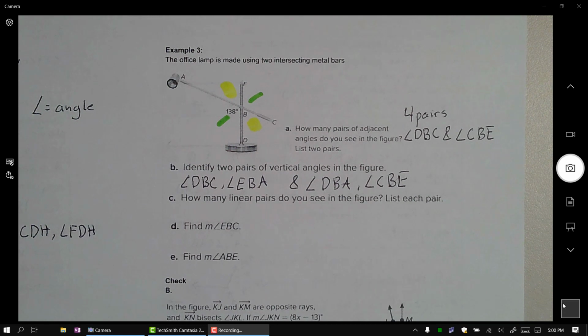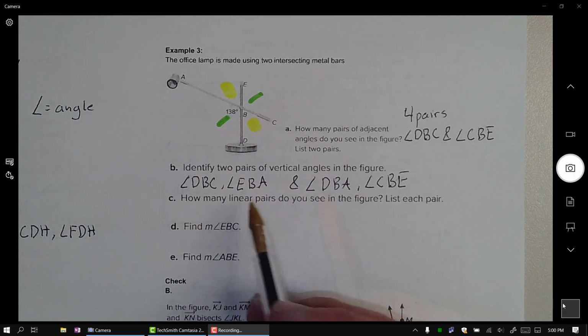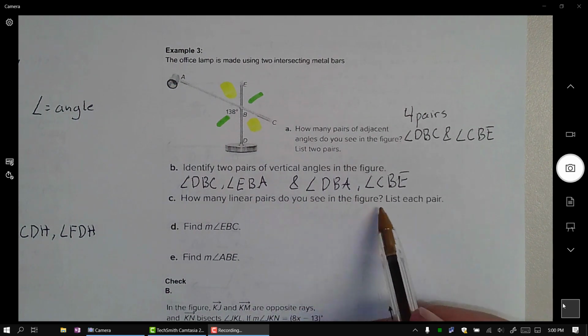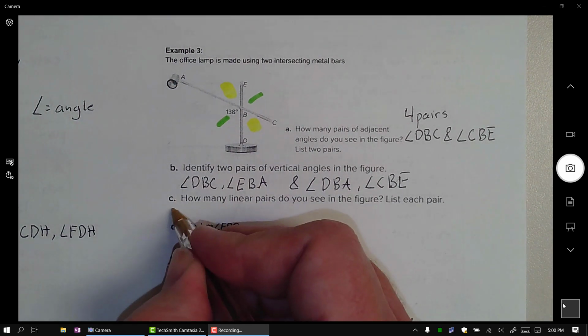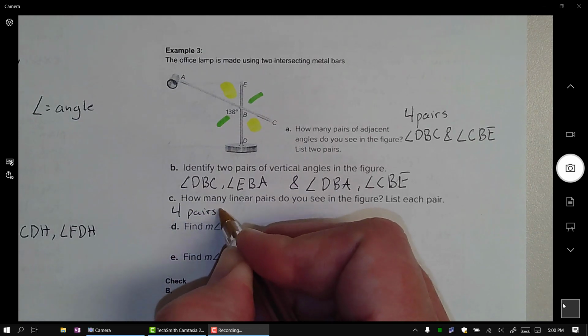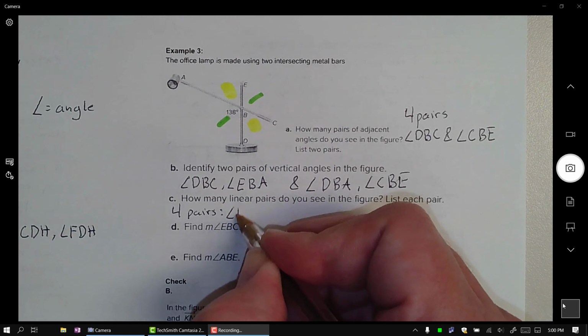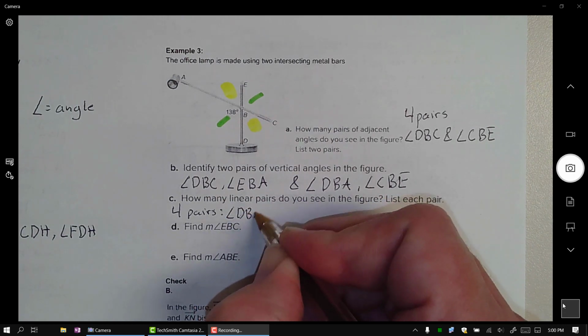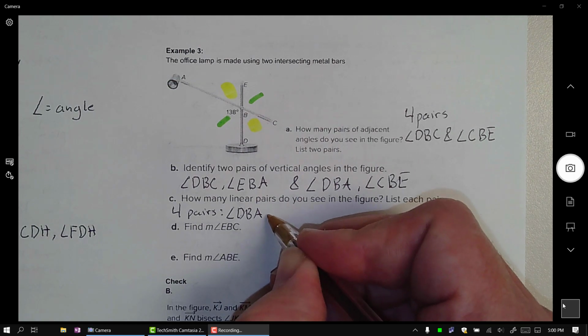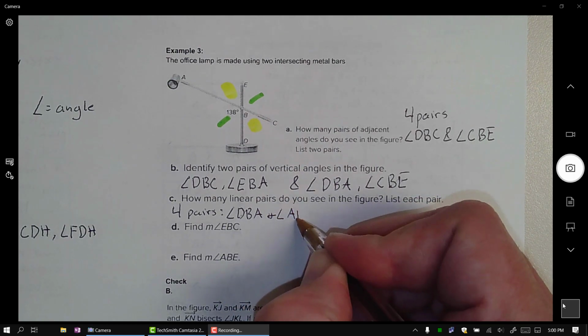Next up, let's take a look at C. How many linear pairs do you see in the figure? List each pair. So we see a couple of different linear pairs. We're going to see 4 of them in total. Let's list them off, and then we can go back and look at them. So we have angle DBA and angle ABE.